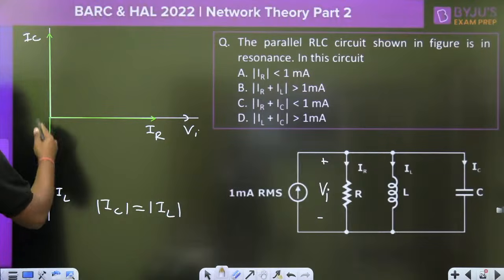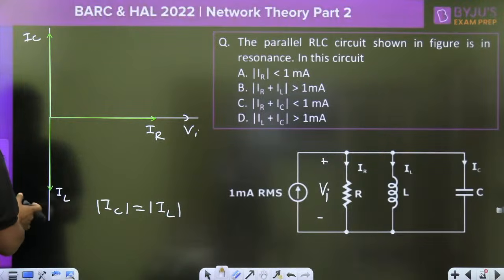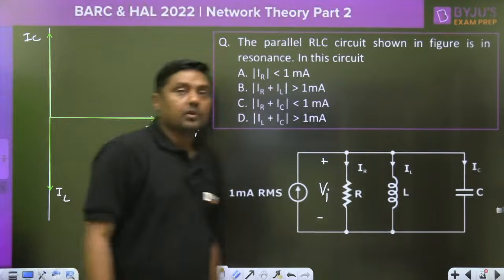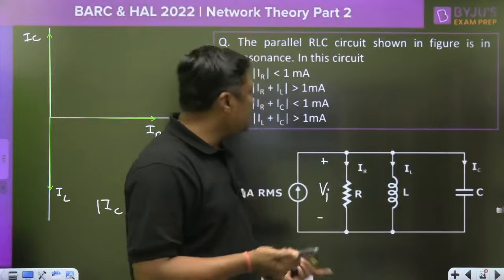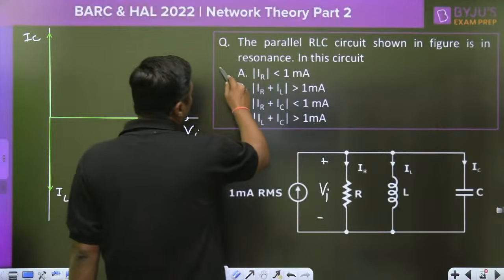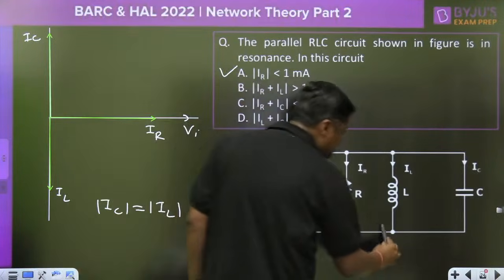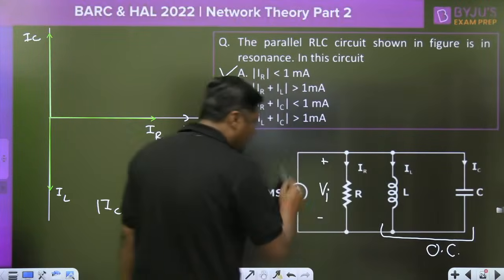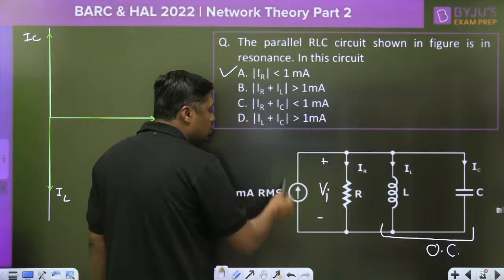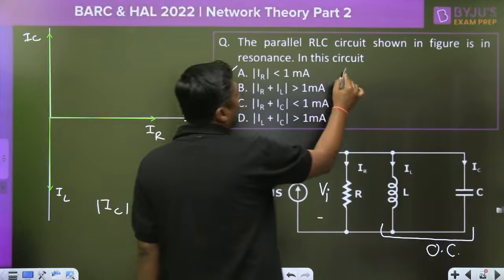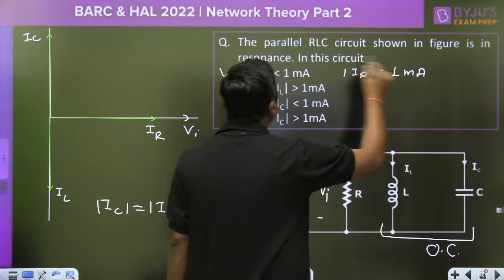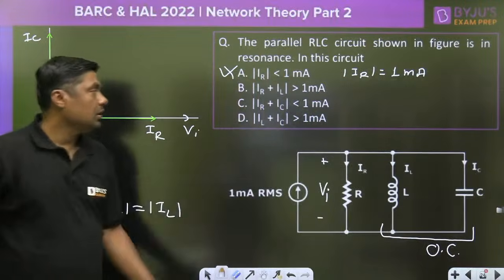But IL is on the negative imaginary axis, IC is on the positive imaginary axis. That's why they will cancel each other. So one answer is, IR is less than 1 milliampere. Wrong, because in resonance this combination will act as an open circuit. The complete current will pass through resistor R, and that's why the magnitude of IR is exactly equal to 1 milliampere. That's why this answer is wrong.